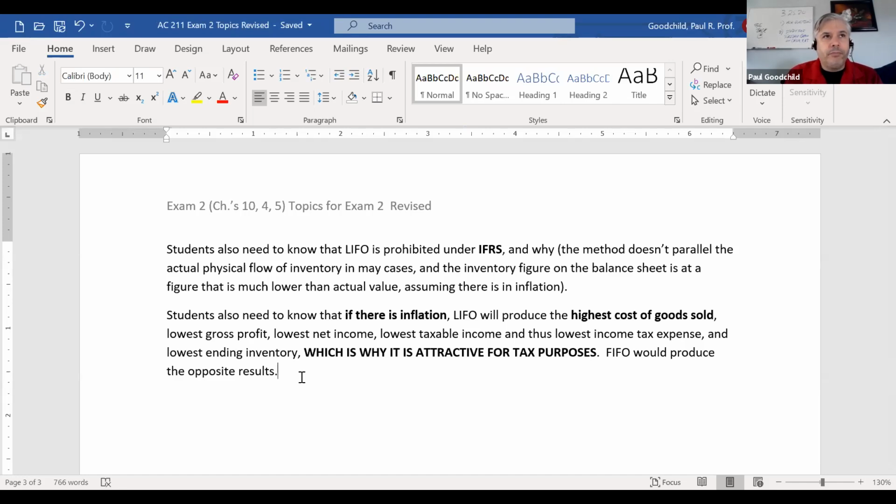But there has to be a reconciliation back to FIFO. So you present it as LIFO, and then you present a reconciliation to FIFO in your notes.